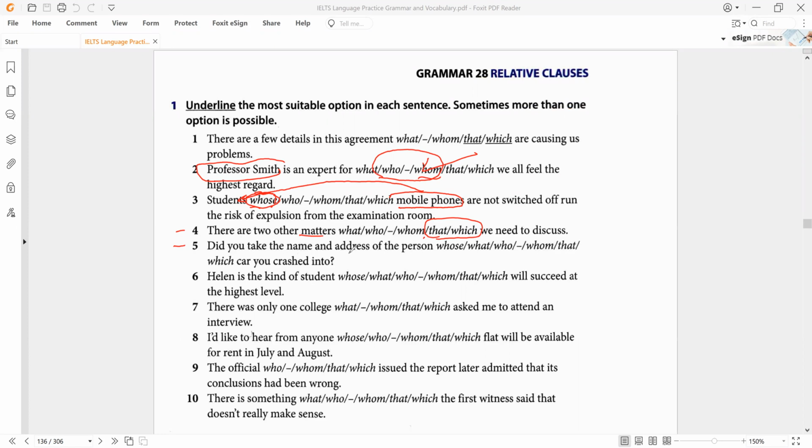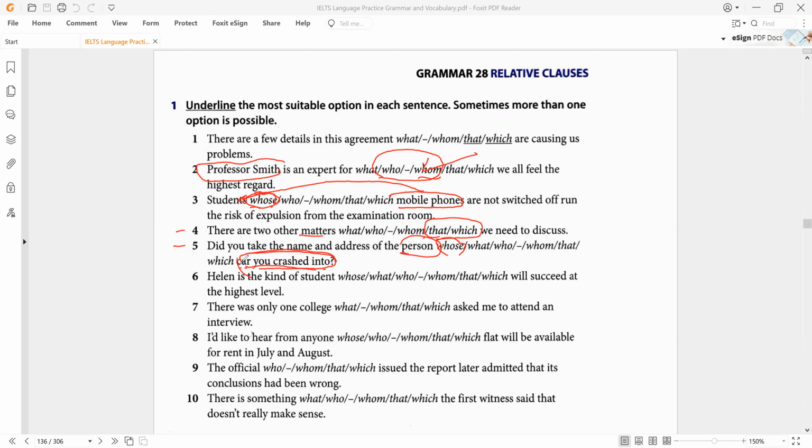Did you take the name, address of the person? Who? Whose car you crashed into. Whose car you crashed into. That means you damaged his car.